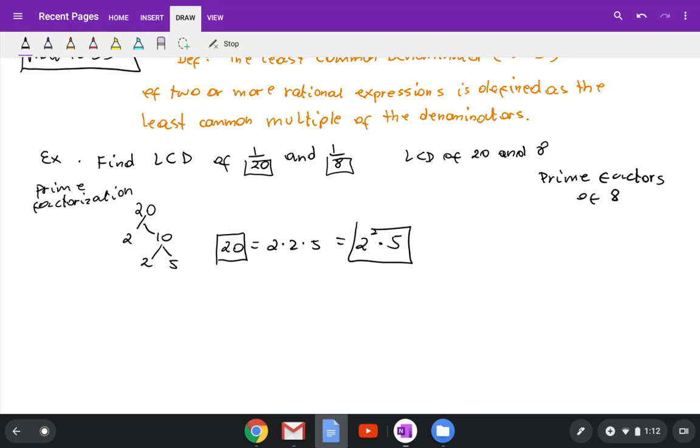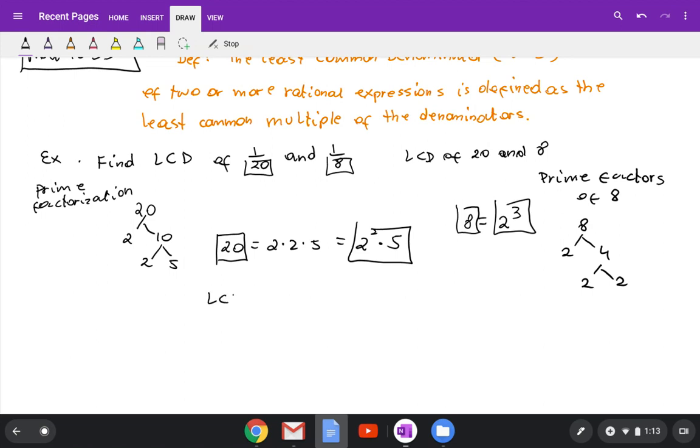Rewrite 8 using prime factors. 8 divided by 2 gives you 4. 4 divided by 2 gives you 2. So you can rewrite 8 as 2 times 2 times 2, which is 2 to the third power.